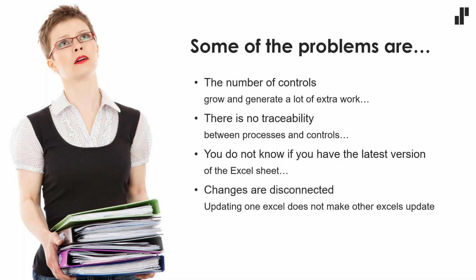So when you update one Excel sheet, no others are updated, and this leads to inefficiency. In the worst case, you just add more and more controls, and they actually do the same controls many times, which means that you become more and more inefficient, and that's not a good thing.